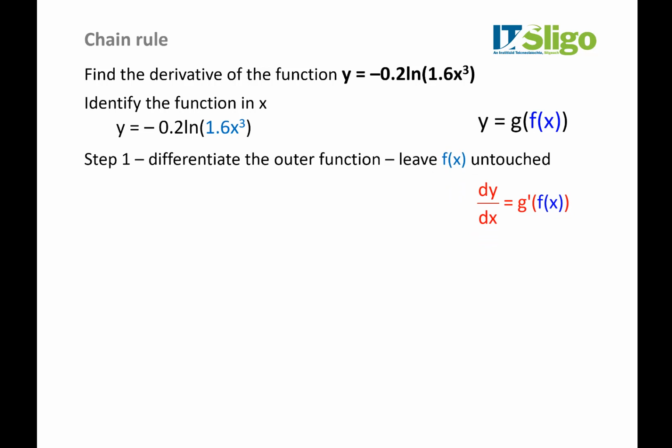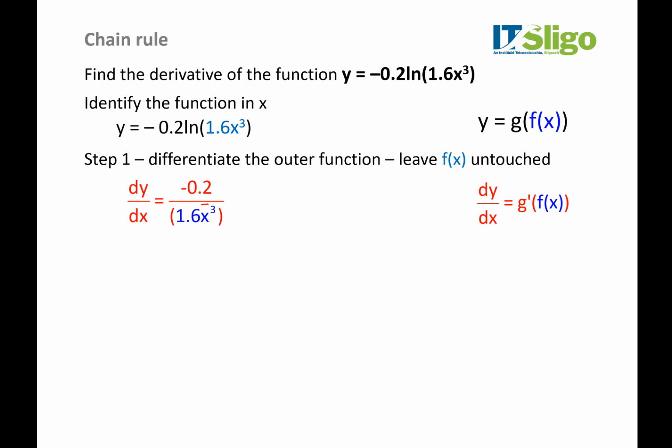Differentiate the outer function, leave f of x untouched. So like I said, the constant stays, f of x stays, but then this under the line bit, that's the derivative of natural log occurring. I hope that makes sense.